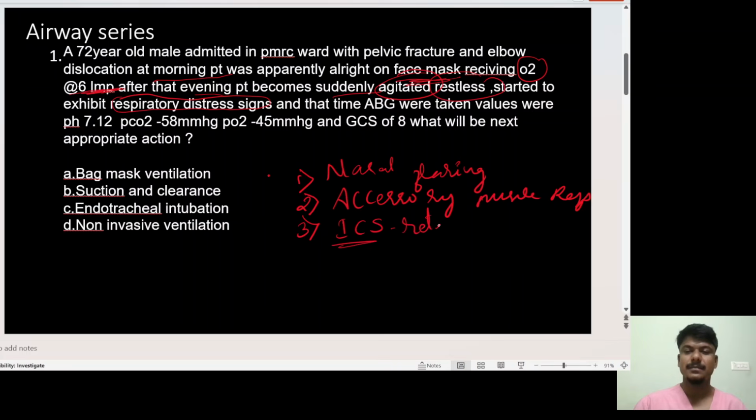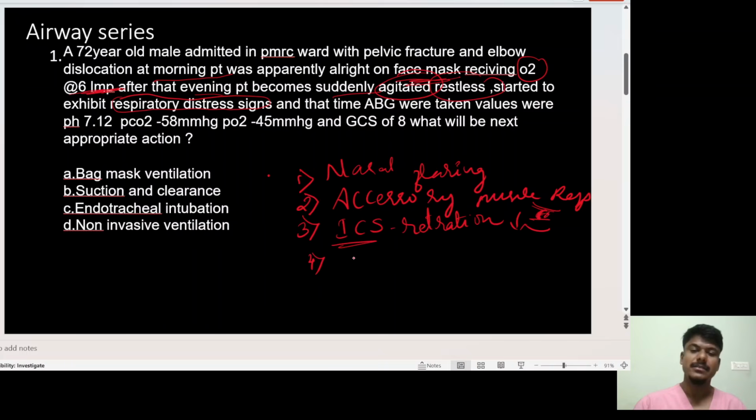You're going to see the dip in between your ribs. When the patient starts to inspire, there will be an indrawing of the chest muscle. That will be the intercostal retractions.